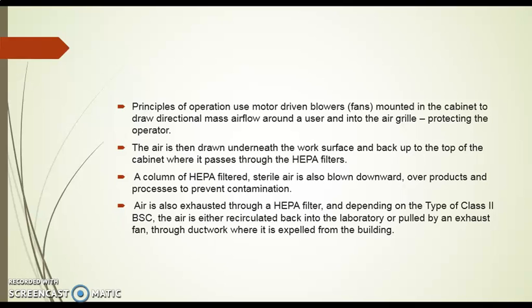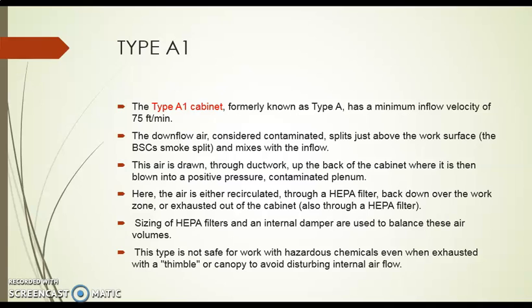Next is about the different types of Class 2 biosafety cabinet. Type A1. The Type A1 cabinet, formerly known as Type A, has a minimum inflow velocity of 75 feet per minute. The downflow air, considered contaminated, spills just above the work surface and mixes with the inflow.